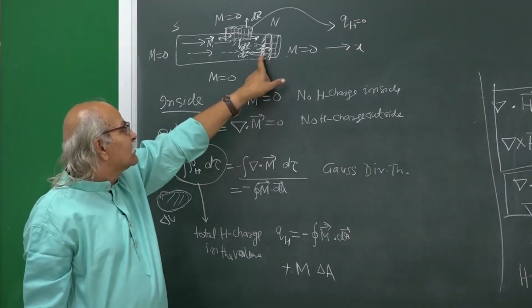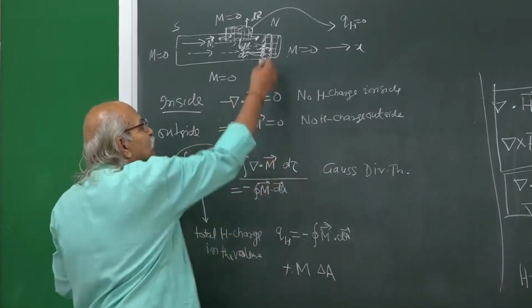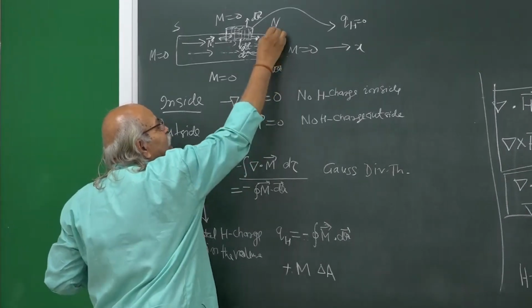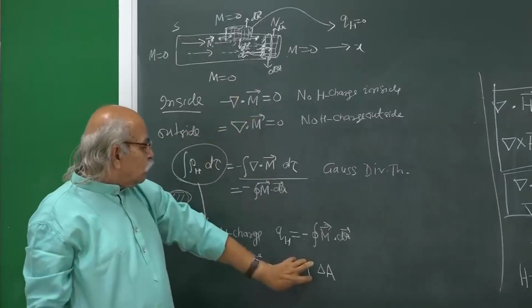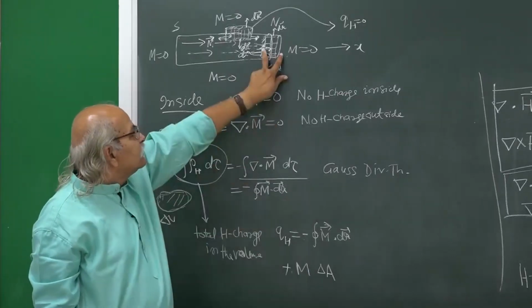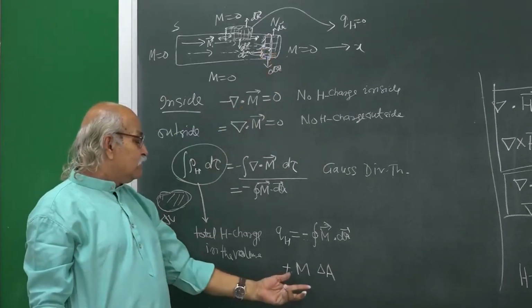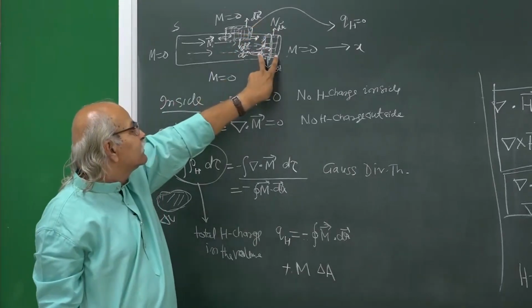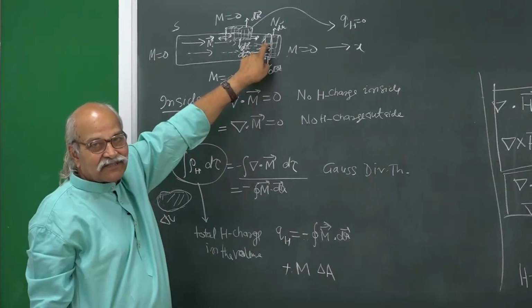On this curved part, there is no contribution, because the dA will be this way here and this way there, and so on. So this will be the total charge enclosed in this, right. There is a charge M times delta A, that is the H charge contained in this, and we know that it is not inside, it is not outside, it has to be on the surface.